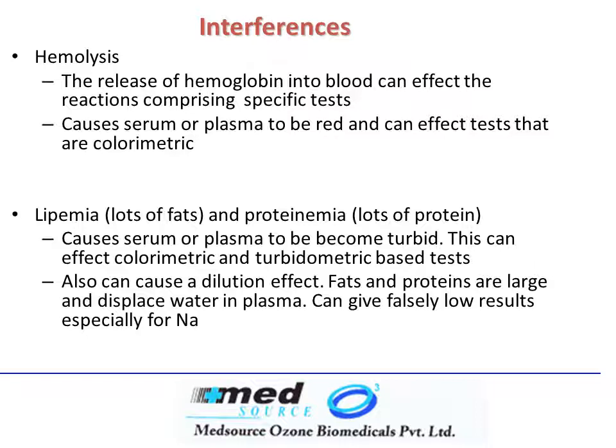The second interfering factor in a biochemistry assay can be lipemia or proteinemia, which means certain samples which can have either an abnormally high amount of fat or an abnormally high amount of protein can become turbid. This turbidity will affect the absorbance.